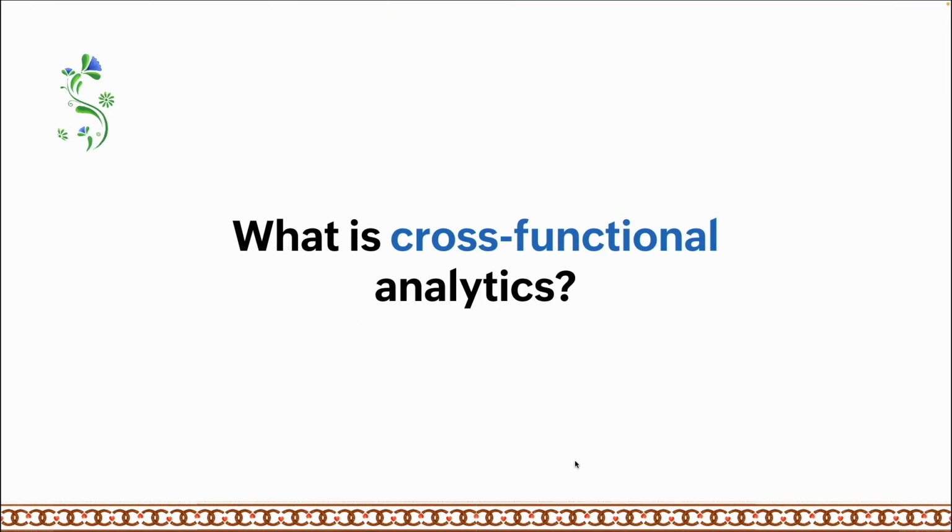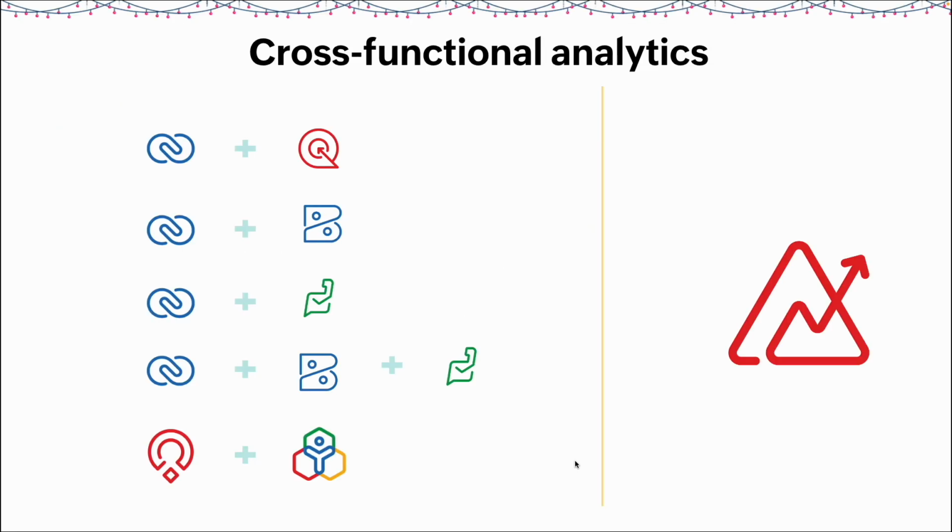So we talked about departmental specific dashboards and the metrics that you can have access to. With that, I want to quickly touch base on what cross-functional analytics is all about. So cross-functional is the ability to merge data or blend data across multiple applications.